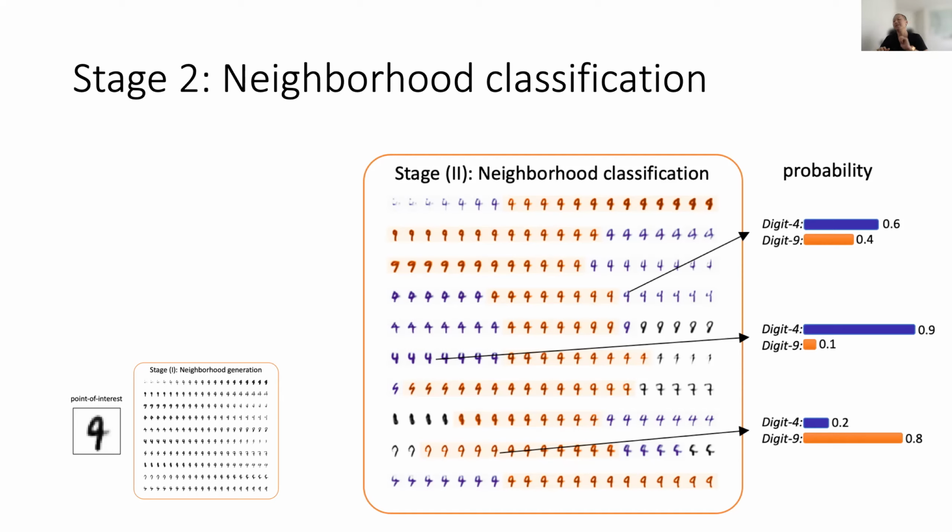A classified neighborhood is one where every data point within the neighborhood has been classified by the model under investigation, so that the decision boundary is identified and visualized verbatim. Because the actual model is used, this is a verbatim manifestation of the model decision boundary within the neighborhood.